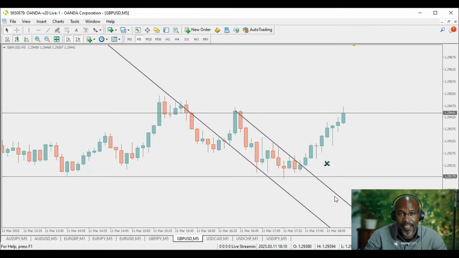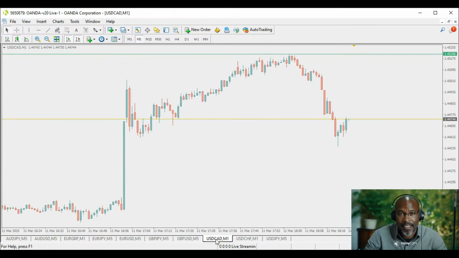The US dollar loonie looks like it is bouncing off of 30-minute support, which my numbers put at 1.446.